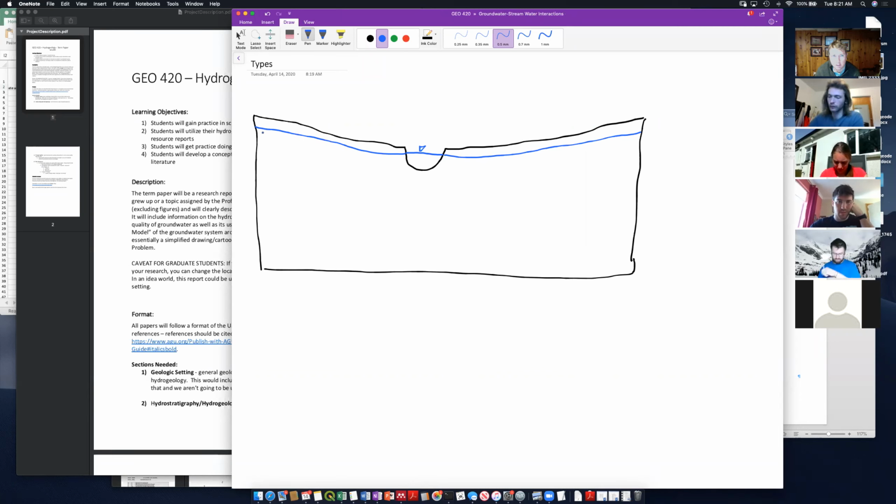All right, and so groundwater flows from high potential to low potential. So it flows from the adjacent area and into the stream. All right, so this stream is gaining.